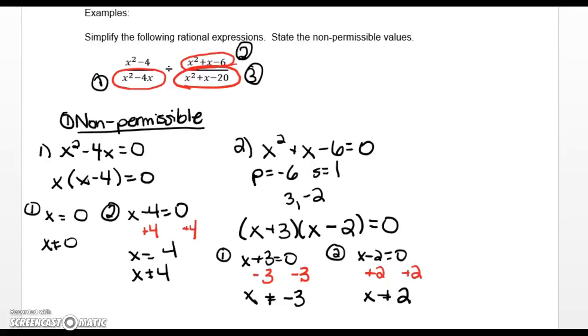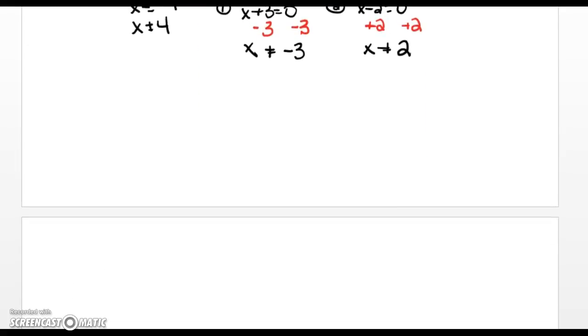To do the third one here, I'm just going to scroll down. Here we'll be looking at x squared plus x minus 20. Once again, we have 3 terms, so we're going to use that factoring method. We're going to be looking at the product and sum.